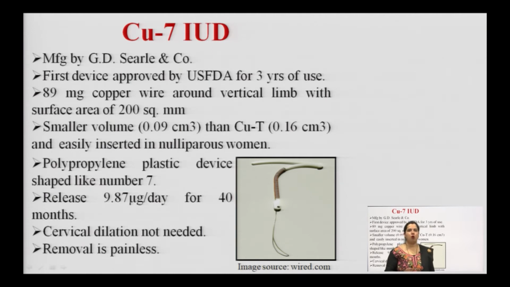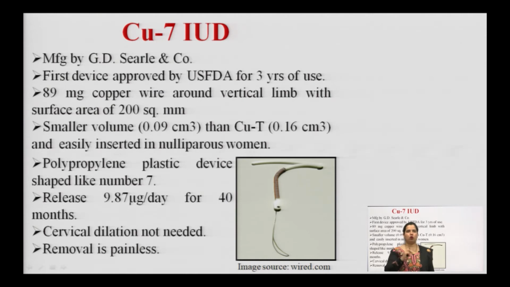Smaller volume, 0.093 cubic centimeter, then copper T 0.16 cubic centimeter, and easily inserted in nulliparous women. These are women who have not given birth to a child, so they are called nulliparous women.